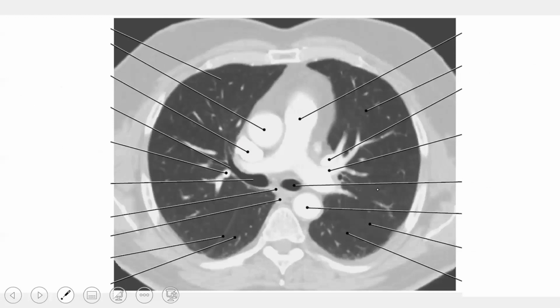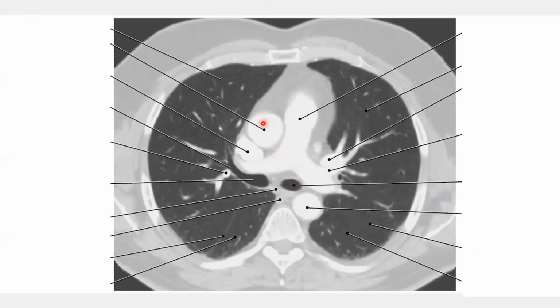And here, let's start with the easy ones you already know. What's this? Trachea, good. Okay.